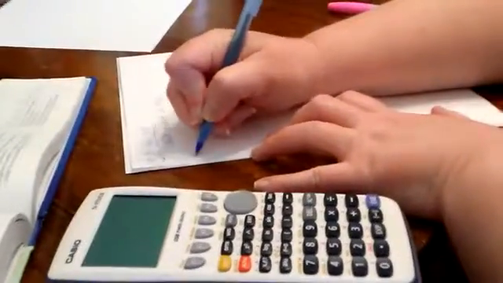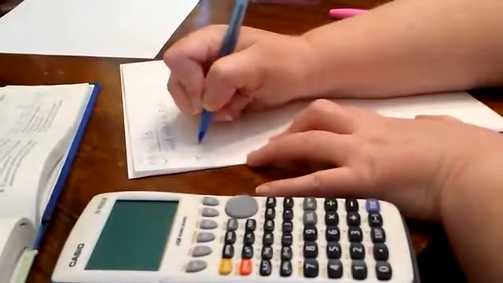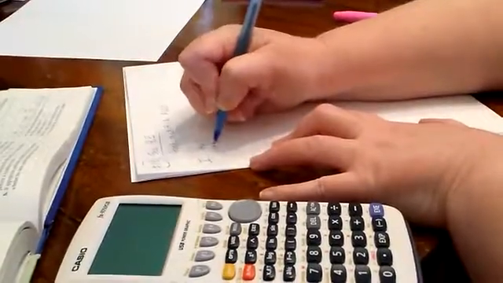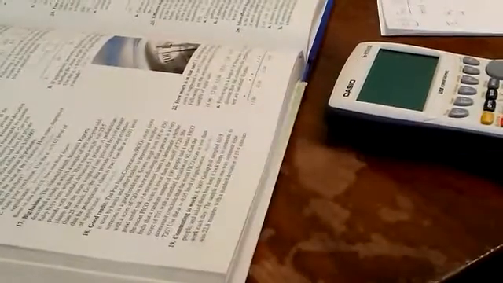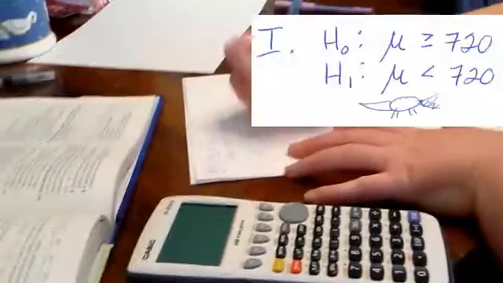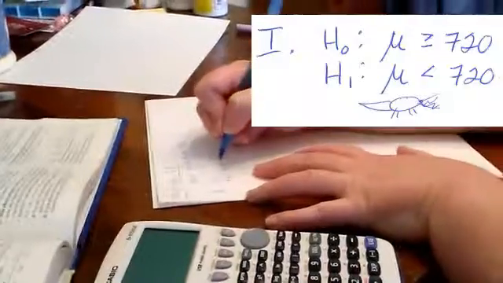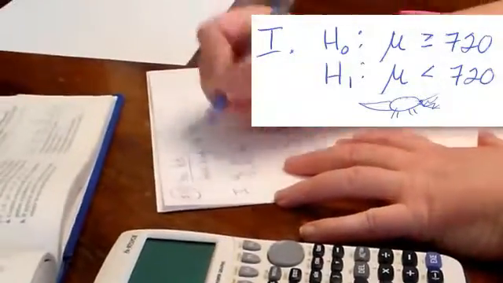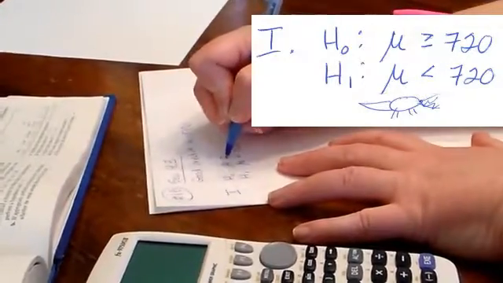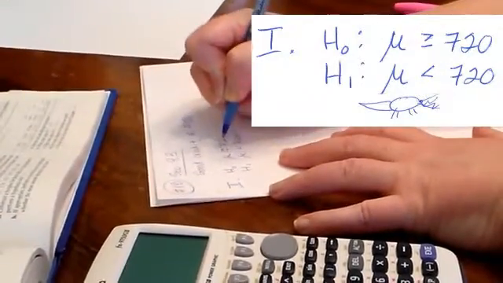So step 1, we're going to list both hypotheses. The question again is, can the economist conclude the mean FICO score is less than 720? So that's a mean less than 720. So the null hypothesis is that the mean is greater than or equal to 720.